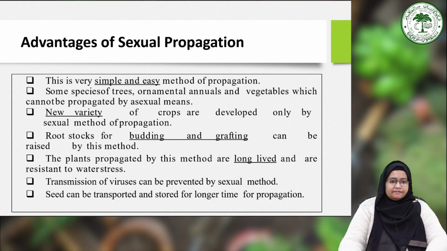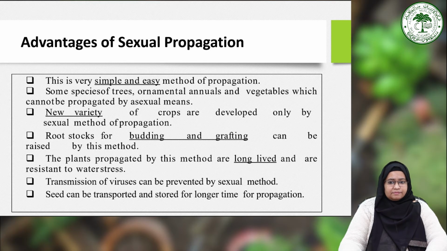Then the advantages of sexual propagation are, it is a very simple and easy method of propagation. Some species of trees, ornamental plants and vegetables which cannot be propagated by asexual means are propagated by sexual propagation methods.